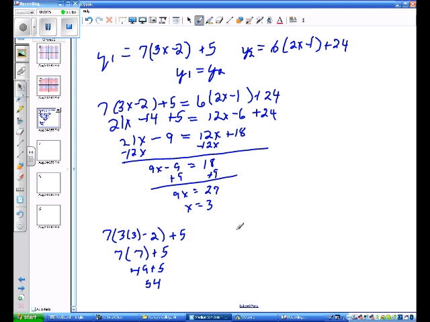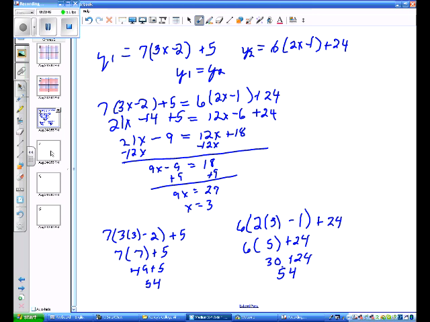We take our second equation, 6 times (2 times 3 minus 1) plus 24. Well, we have 6 times (6 minus 1), which is 5, so 30, plus 24 or 54. And so we found the value of x that would make both of the equations true.